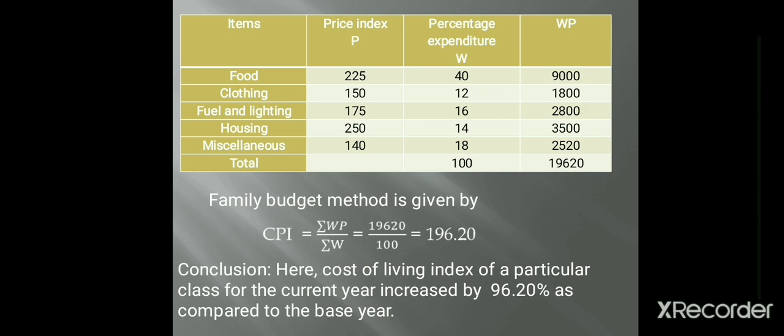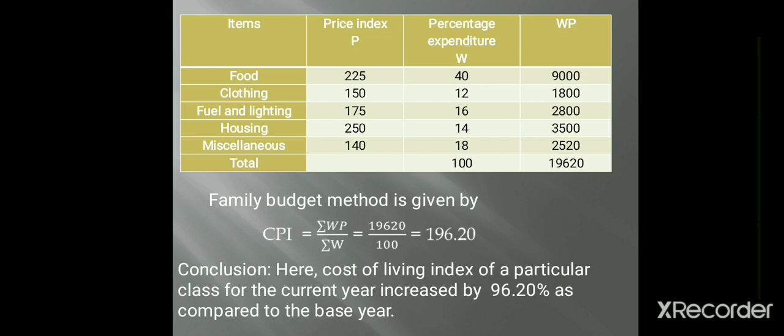Sum up all the values in the WP column, which results in 19,620.